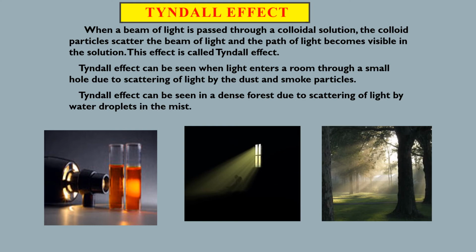The first picture, in the room, the dust particles present in the room scatter the light ray and the path of light becomes visible. If it is a forest, it is the particles of mist which scatter the rays of light. The mist that is suspended in air scatter the rays of light and the path of sun's rays become visible in the forest. This is called as Tyndall effect.